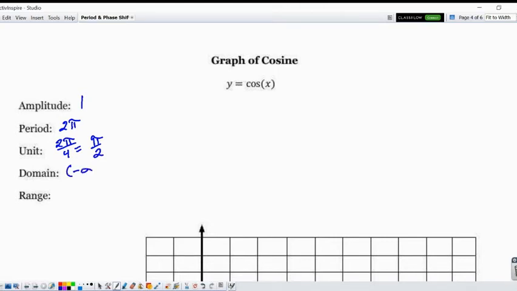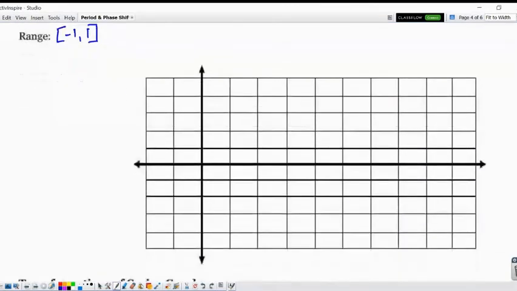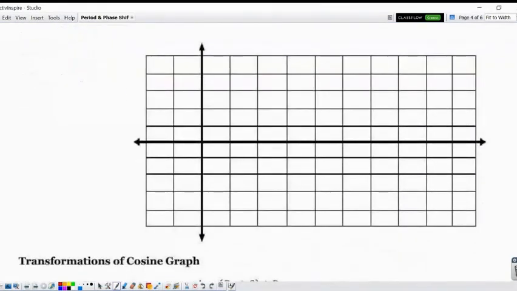Our domain for cosine, same as sine, and the range also the same. So remember your important features of your cosine graph as we go through. We are going to mark our midline. Amplitude is 1. And just as we mark the sine curve with the unit of pi over 2, we're going to do that for cosine curve.